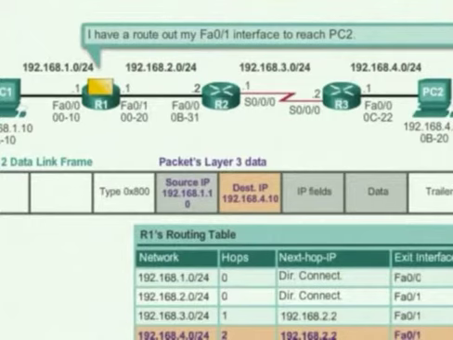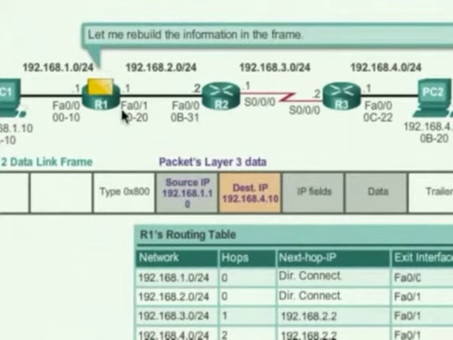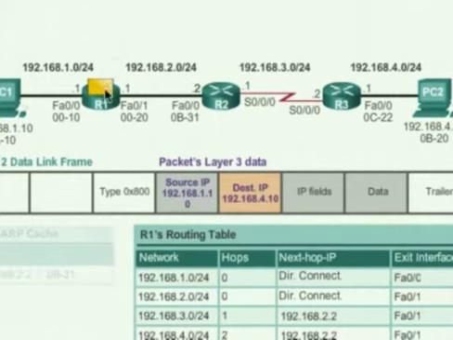So when router 1 has the route from its interface FA0/1, it needs to forward the packet.